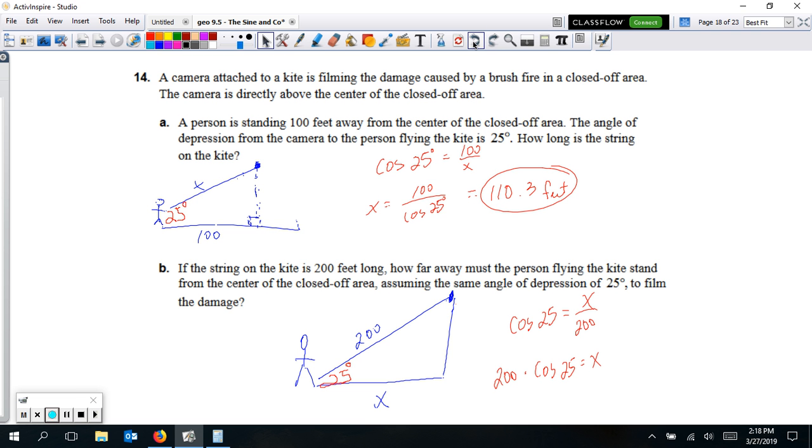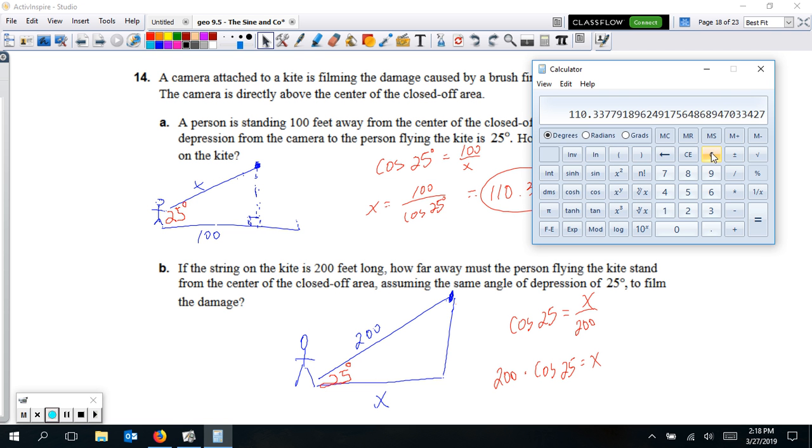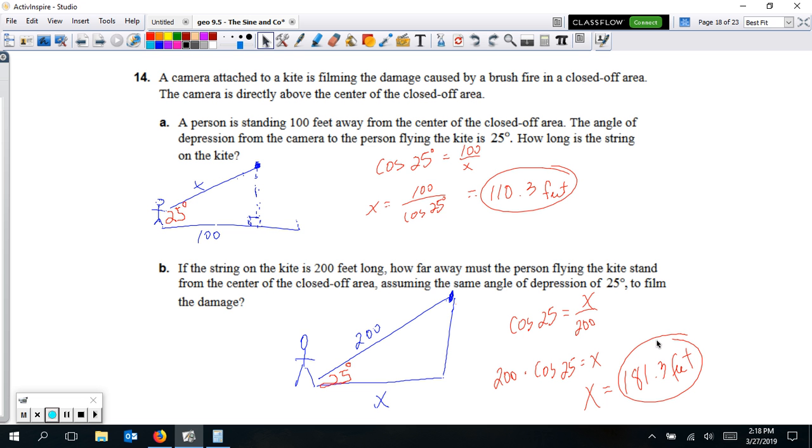On our calculator we can do that real fast. I'm going to hit 25 and the cosine, get that number, and then times it by 200, and it equals 181 point, let's round that to 3, so 181.3 feet away. That's how far he has to stay away to be able to film that damage.